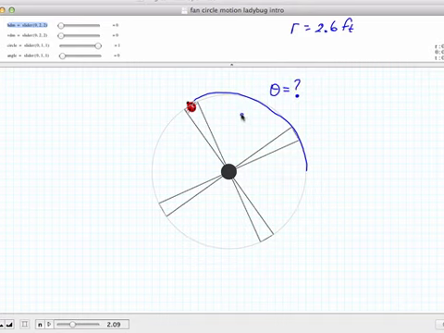So if this is 5.2 feet of arc length, and the radius is 2.6, then what angle did the fan turn? Some people are saying 2 radians. So the number of radians, the openness of that angle, is the same as the number of what?